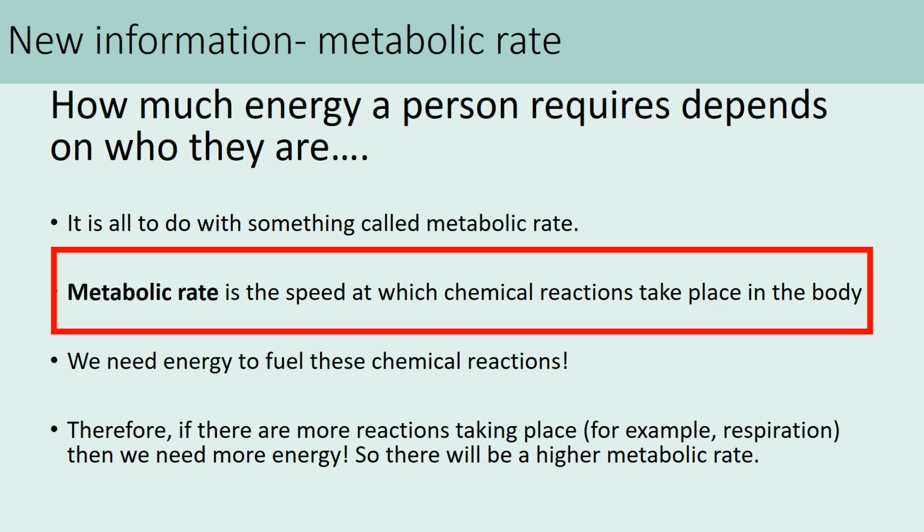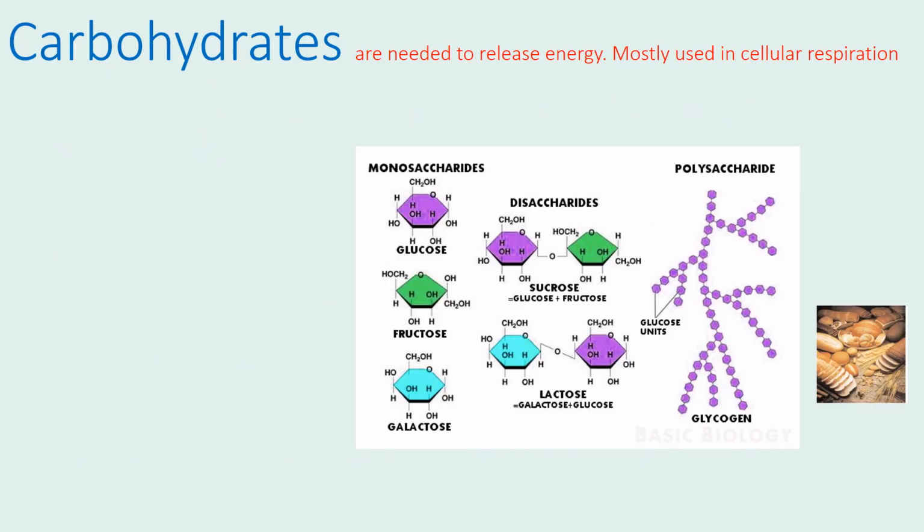You'll want some examples, 2 or 3 examples of where you'll find that group, and also what they're for. So we'll start. Okay, so there are 3 main food groups that we need to know about. We need to know what they're for, where we get them from in our diet, and also what they're made from. We're going to start with carbohydrates.